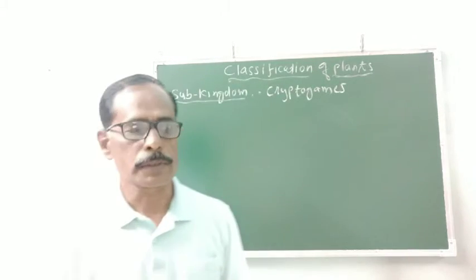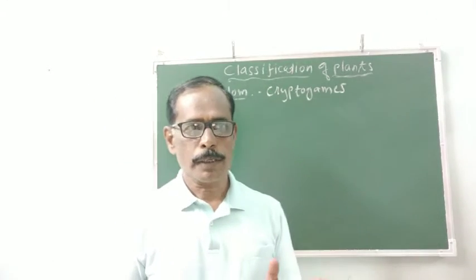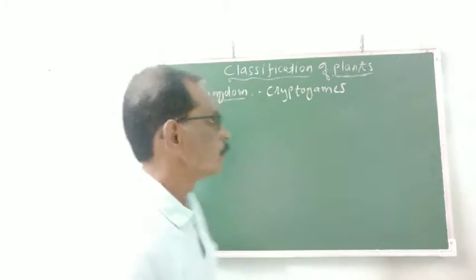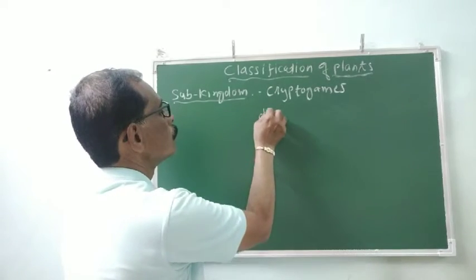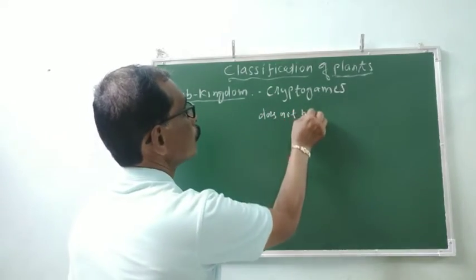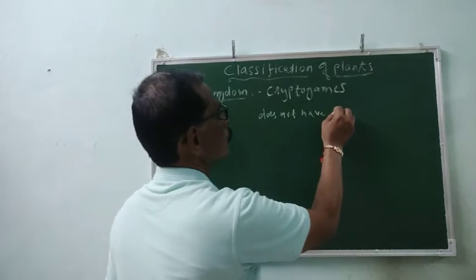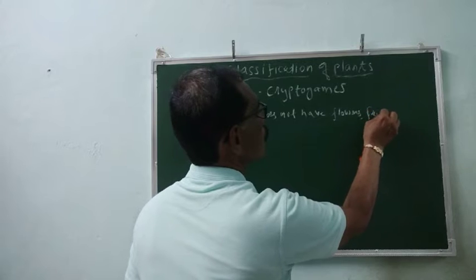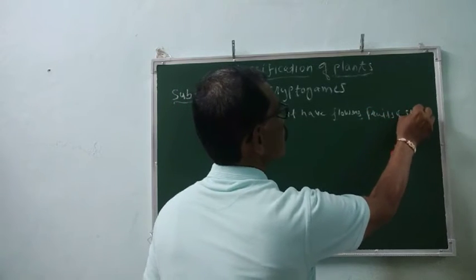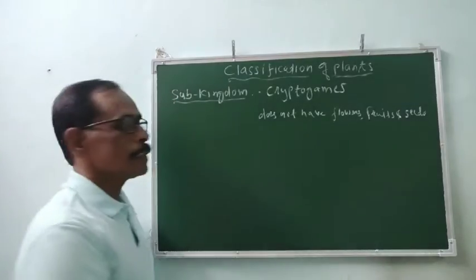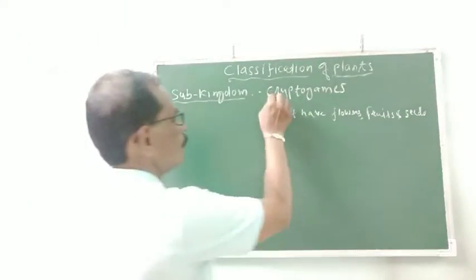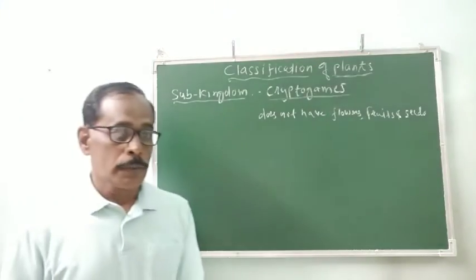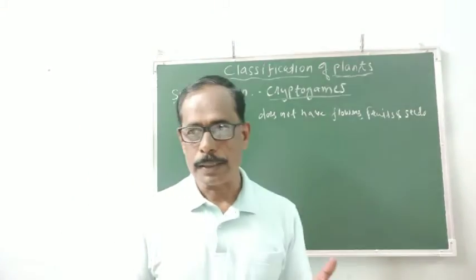The plants belonging to the cryptogams do not have flowers, fruits and seeds. It means that cryptogamous plants do not bear flowers, fruits and seeds. In that subkingdom there are a lot of plants.